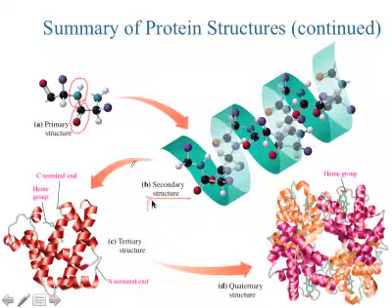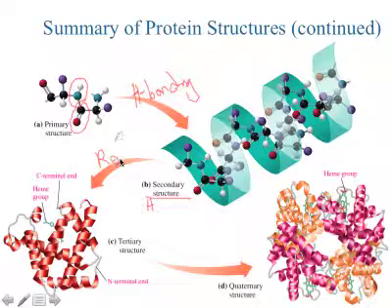So hydrogen bonding between the COs and the NHs on the backbone makes secondary structure. The interaction of R groups is what gives rise to tertiary structure.